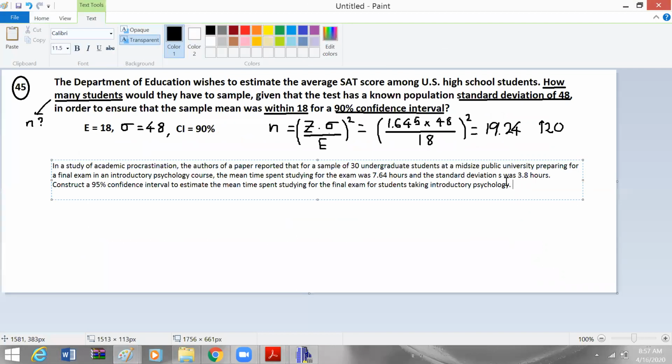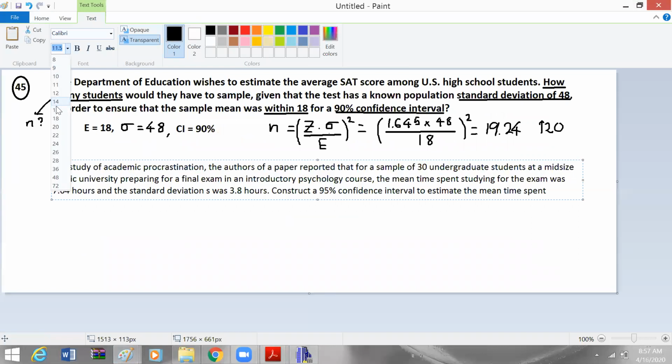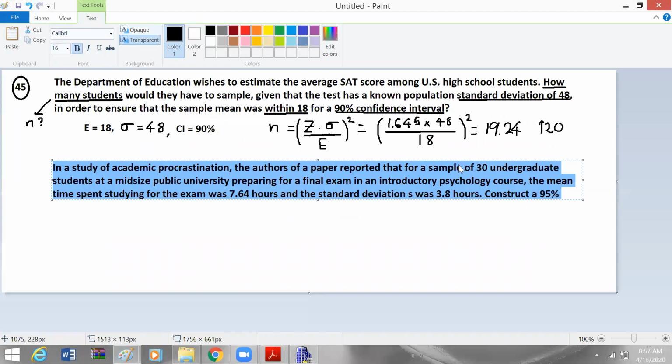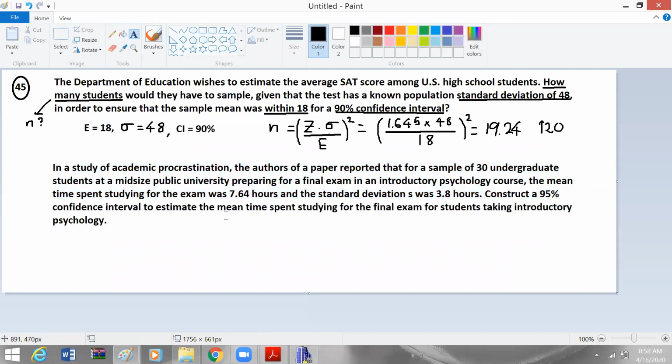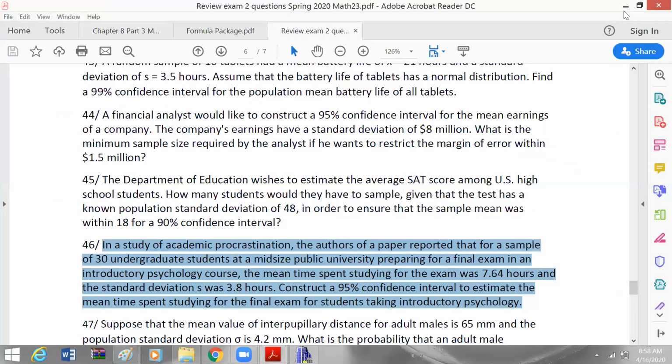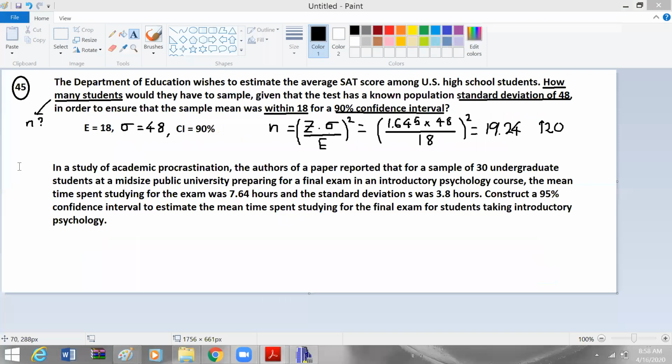It seems to be a little bit different from what we learned because of the step that we have right here. Okay, so now I just posted the question. So what type of question is that? 46. All right, so I put it down as question number 46.